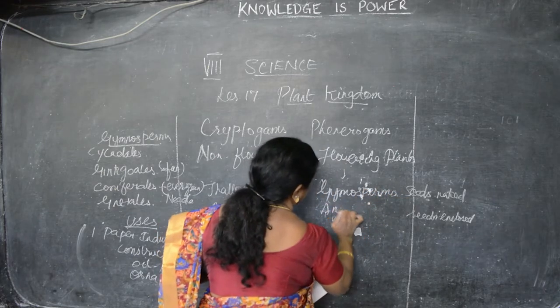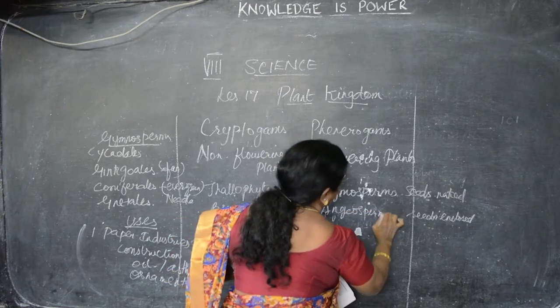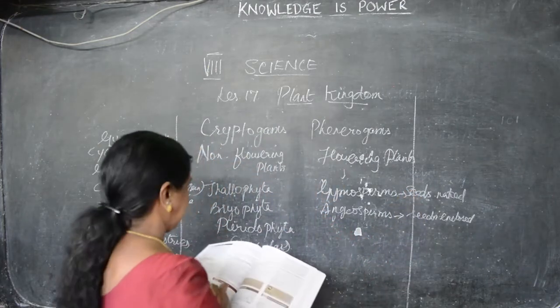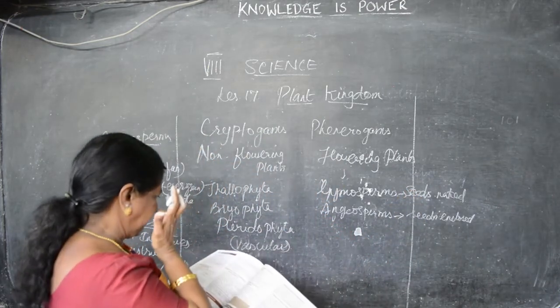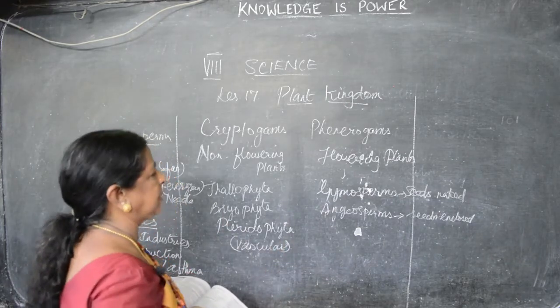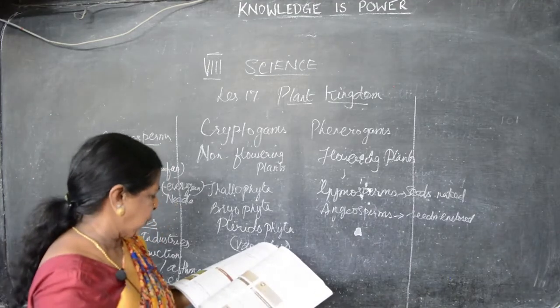We got the specimens in our lab. So, in the regular classes I will show everything to you. So, this is gymnosperm, I said seeds naked. Now, we have to go for angiosperm, that is, seeds are enclosed.